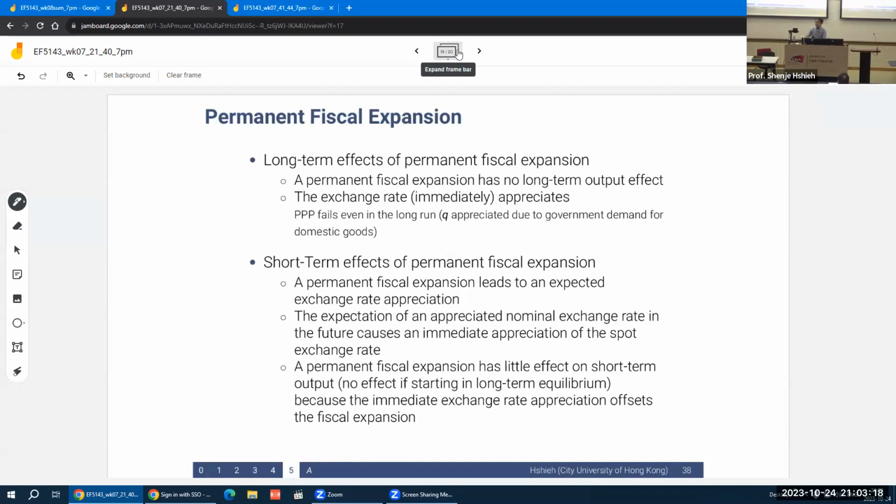Permanent fiscal expansion. Let me give you a preview of what to expect. The takeaway from a permanent fiscal expansion is that it's not as effective as monetary policy. And the reason is, as I mentioned earlier in the short-term analysis, it has a secondary effect on the exchange rate that undermines output, right?